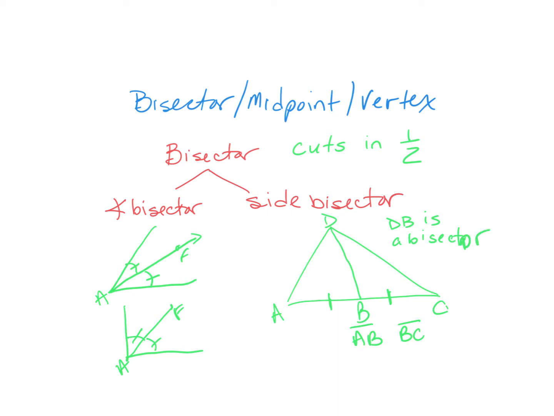So the tick marks on a side give you the right to say that those two sides are equal. And if those two sides are equal, if I've cut in half that side of the triangle, that means that DB is a bisector. Or they can say DB bisects AC. Got it?